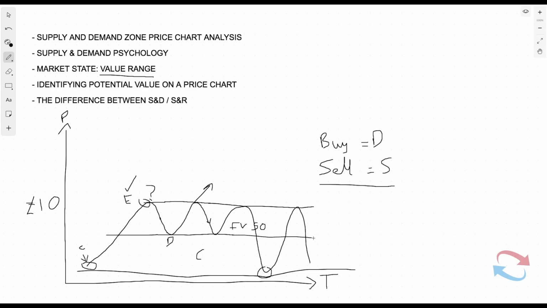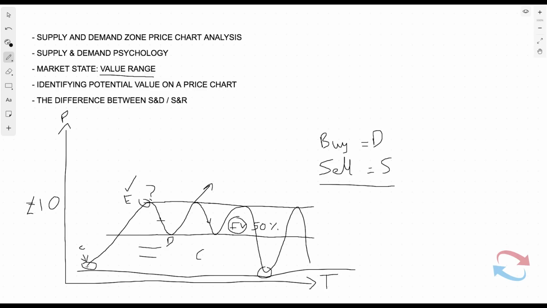And the 50% between the expensive and cheap level is what you would call fair value, right? And then anybody who's into Fibonacci trading, all you're really doing, like the 38.2% Fibonacci level and a 61.8 Fibonacci level, is just looking at a retracement and looking at potential value. That's all it is. So if that's the 50% level, 61 would be somewhere probably around here, and then you've got the 78.6 level.